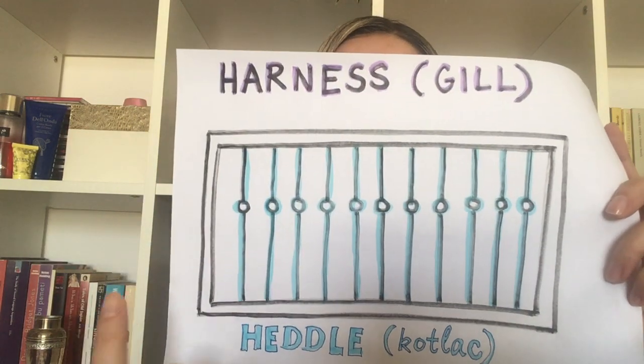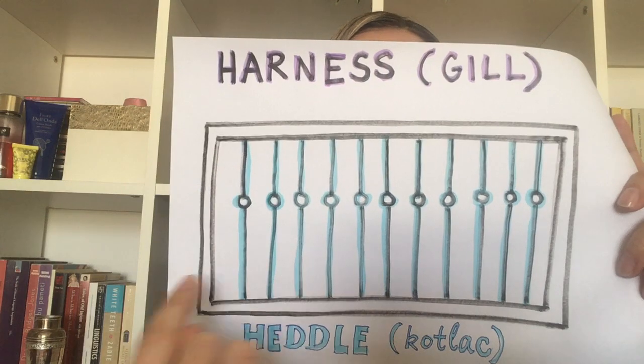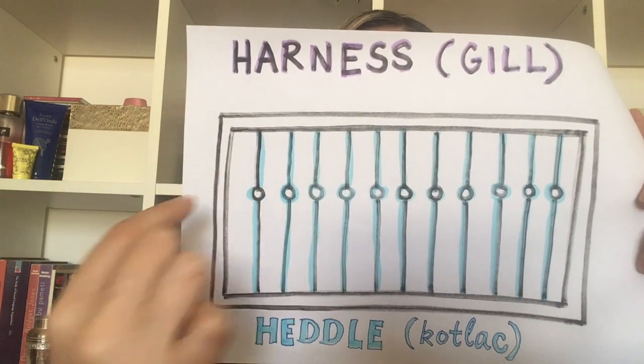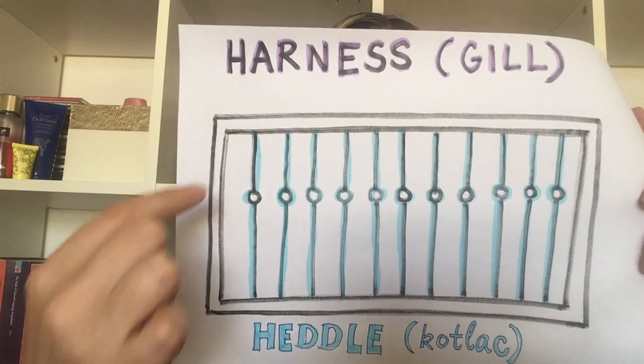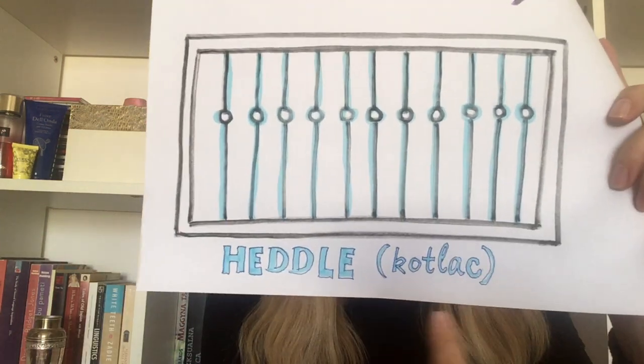It has a frame, and then it has a series of wires that are looped. They have a small opening in the middle, and these wires are called heddles, or as it says here, kotlats.